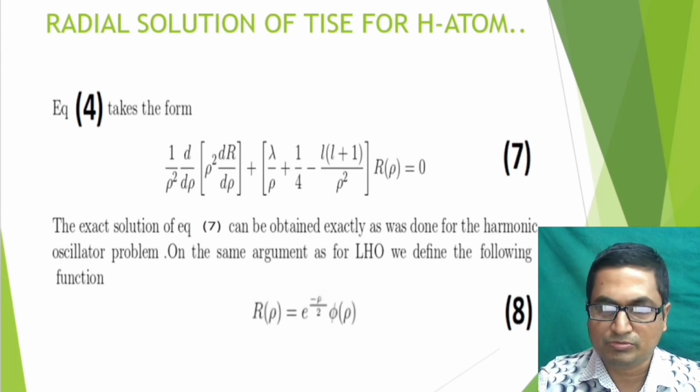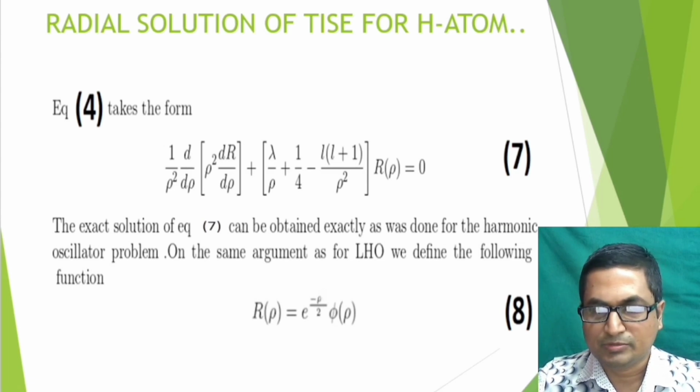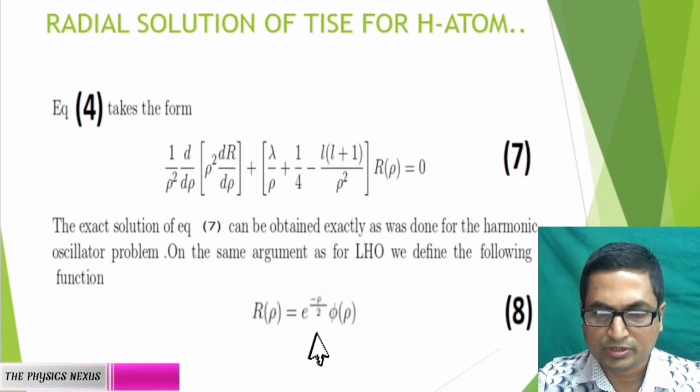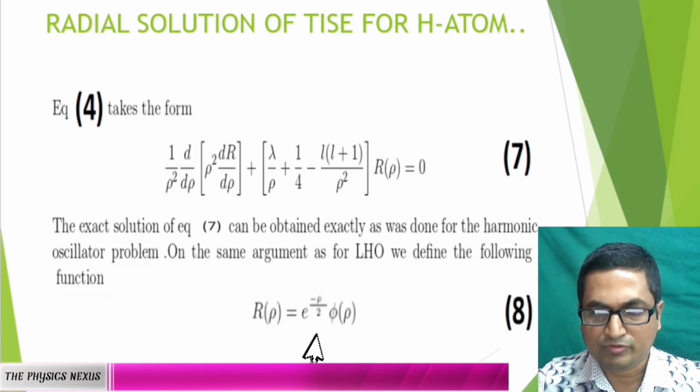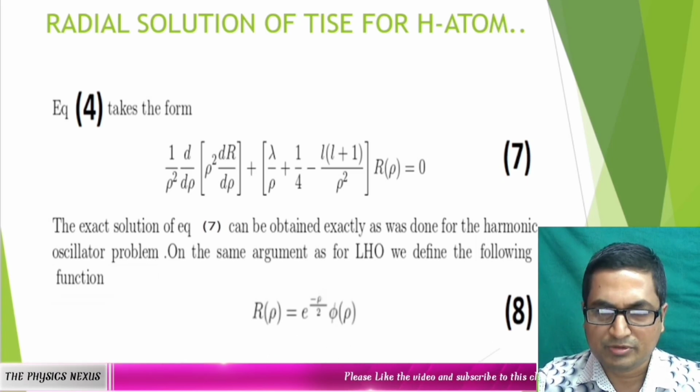And now to solve equation 7, we have to adopt the procedure we have followed for the linear harmonic oscillator. So on the same track, just like in the case of the linear harmonic oscillator, we put R of rho equal to e to the power minus rho by 2 times phi of rho, where phi of rho has to be determined. If you remember, in the case of the linear harmonic oscillator, this was the solution that we used.